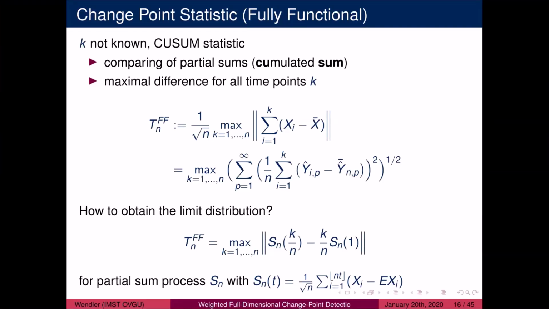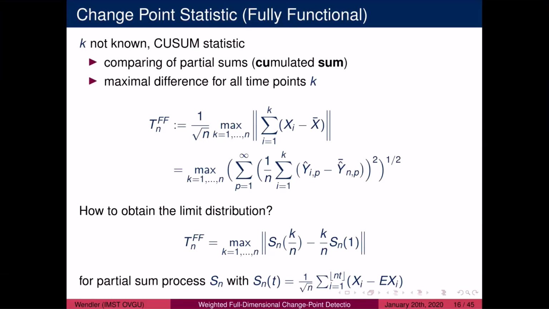Now, I said I'm not the greatest friend of functional principal components analysis. So can we do something without it? Yes, we can. Well, let's first look at this latter one, the fully functional FF statistic. You see the same statistic as before. Now we don't divide by the eigenvalue.